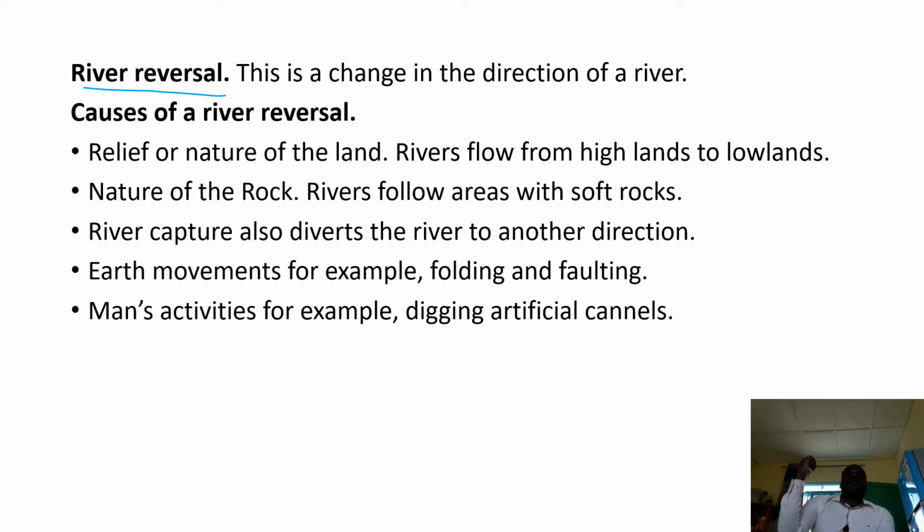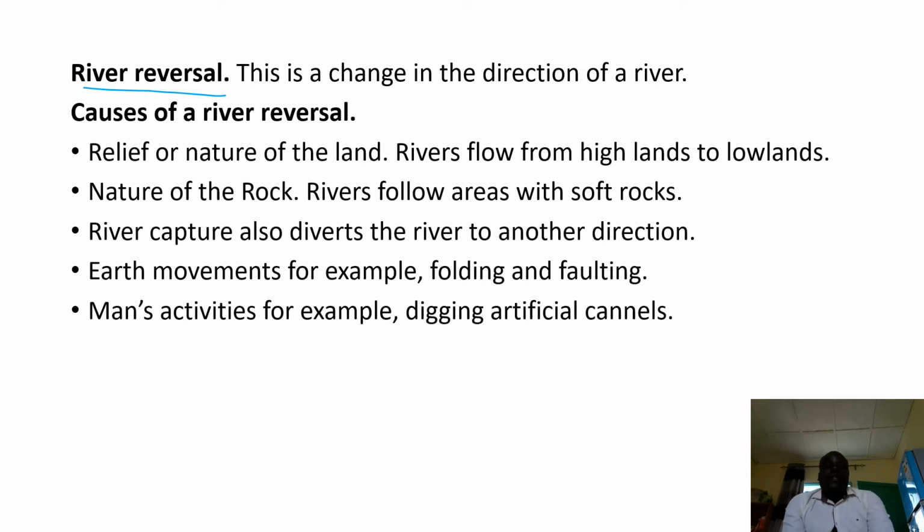Their direction was towards Congo. But later, after the formation of these highlands, volcanoes, the Congo crest, all these rivers began flowing eastwards. That's why we have most of the rivers in Rwanda today flowing eastwards. So we believe they reversed their directions.